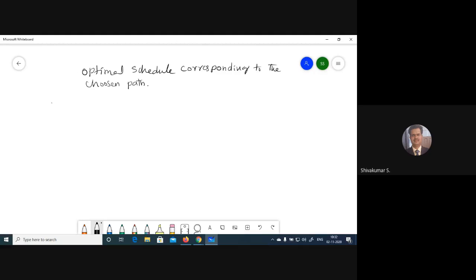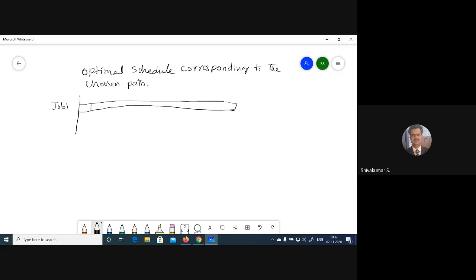So you have job 1, and let us say I'm going to draw one bar chart here. So total processing time is 15 hours. You have to adjust this on lines for the time being.